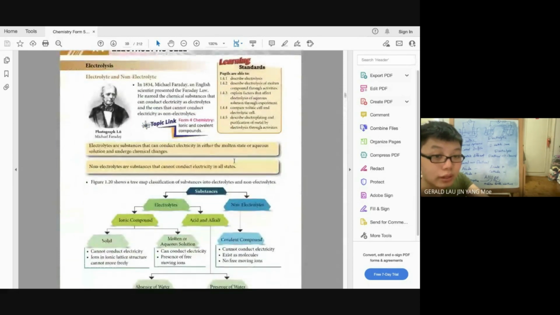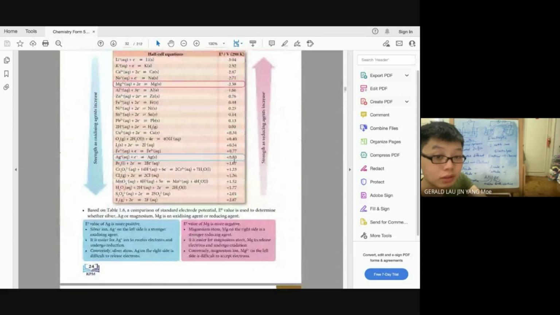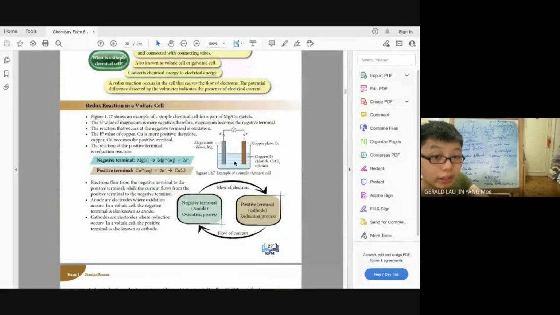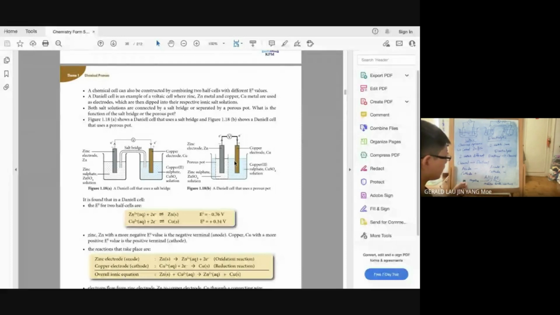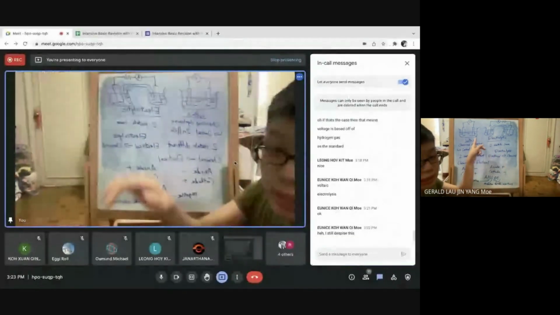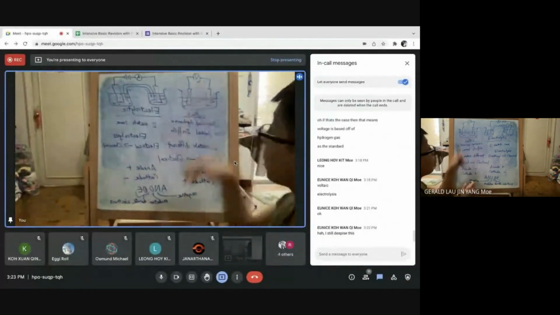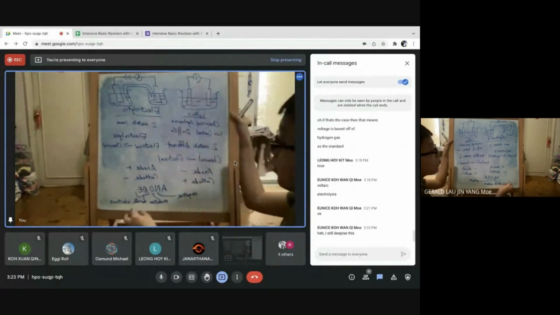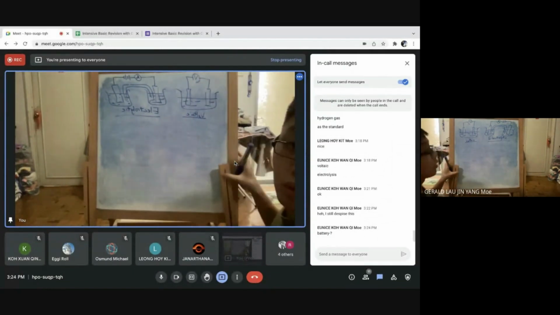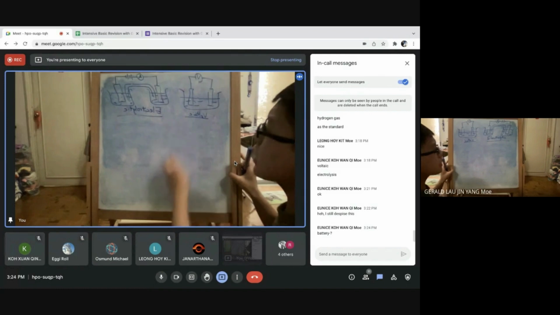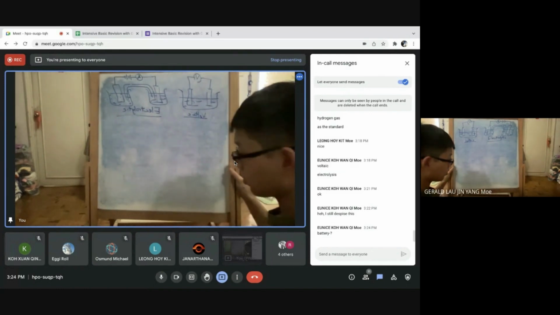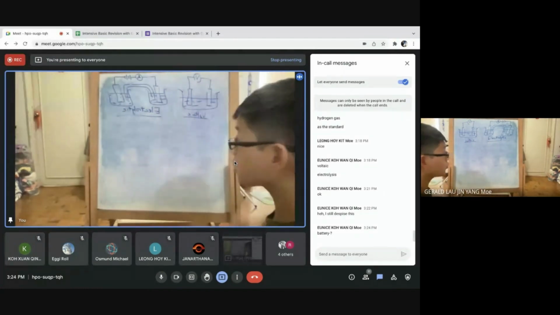Now let's have a look at the chemical cell first. Okay, let's have a look at chemical cell. Now, how do you determine the anode and cathode? Chemical cell first. Anode and cathode, how do you determine? Which one negative, which one positive? Battery, voltaic cell, why suddenly battery? How do you determine which one positive, which one negative?